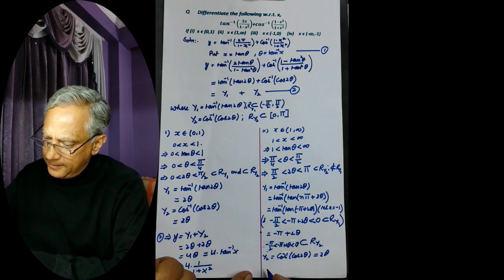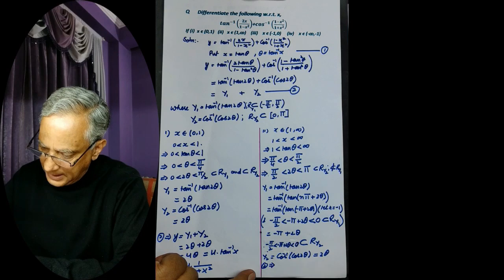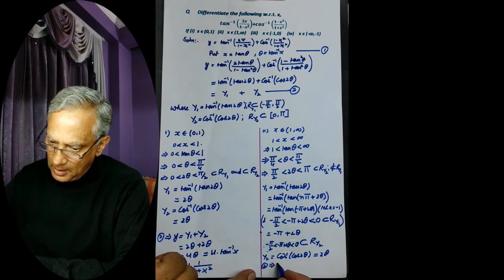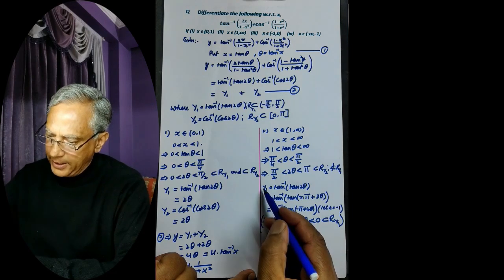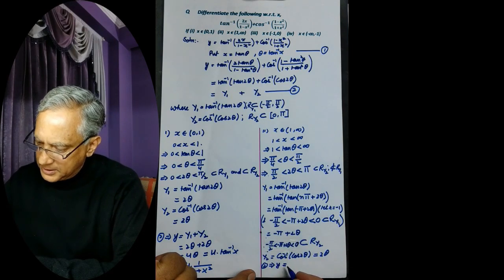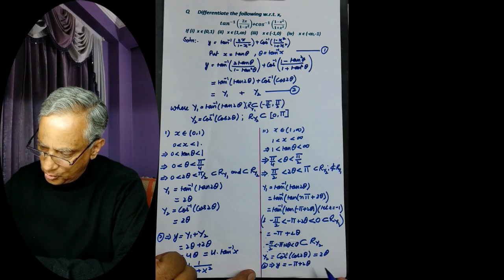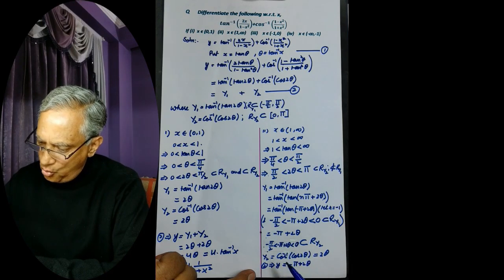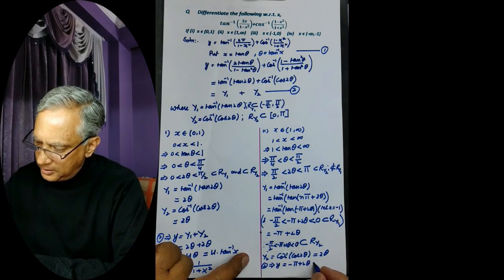And therefore y is equal to y1 plus y2. y1 is minus pi plus 2 theta and y2 is 2 theta.